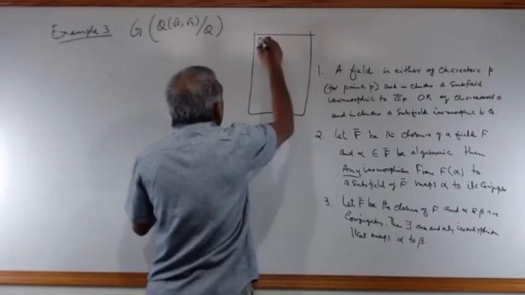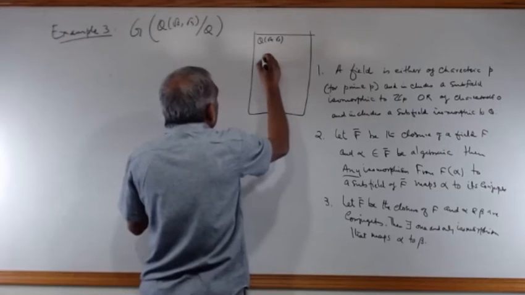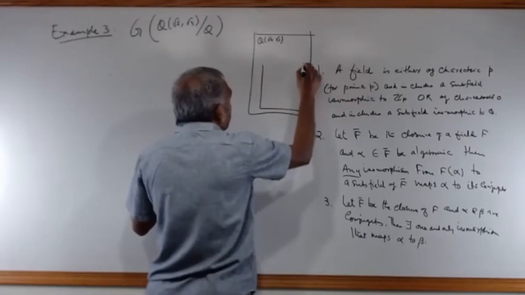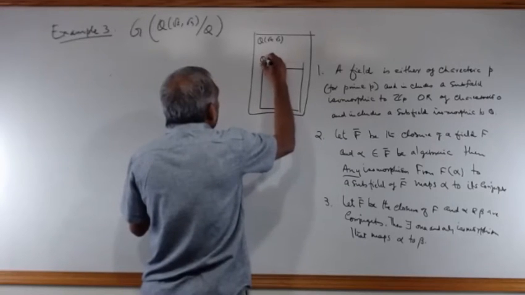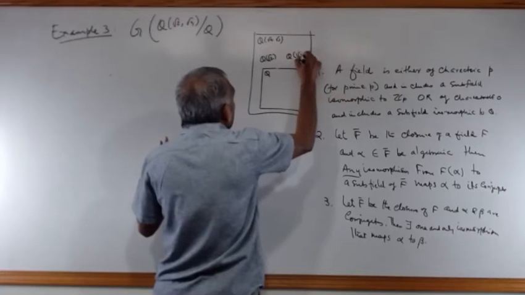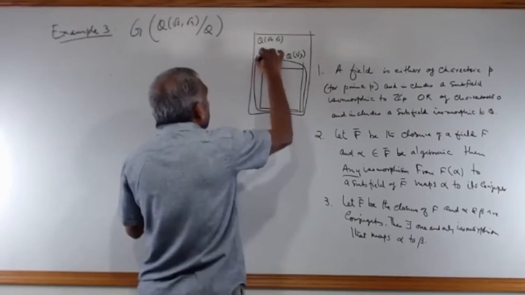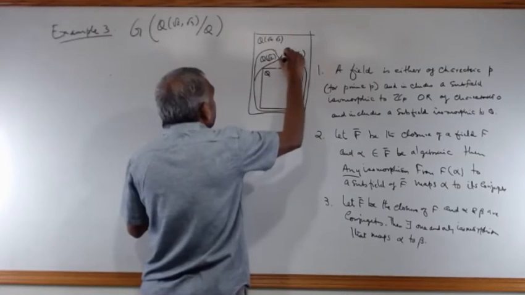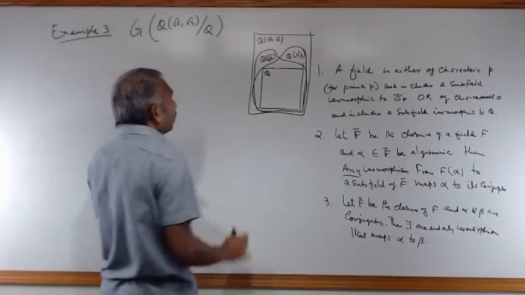This is our Q root 2 comma root 3. Here is our Q, and we have a Q root 2 here, and we have a Q root 3 here. This is a subfield containing Q and root 2, and this is a subfield containing Q and root 3.